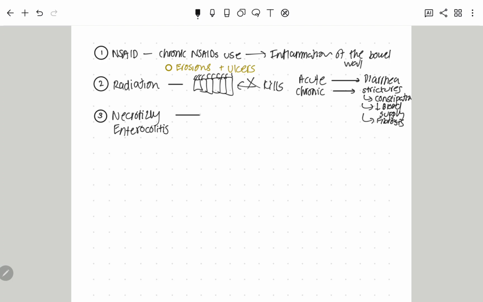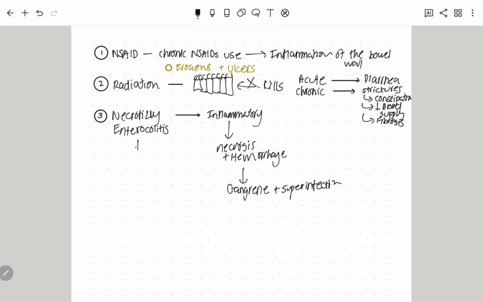I'm not going to discuss too much of this because it does have a bit of an infectious etiology, but what you need to know is that you have an inflammatory process at the level of the bowel wall, which leads to necrosis and hemorrhage, and this can further precipitate a gangrene due to a bacterial superinfection.